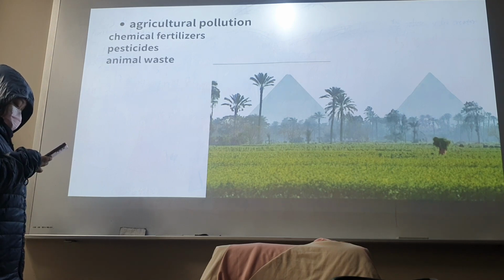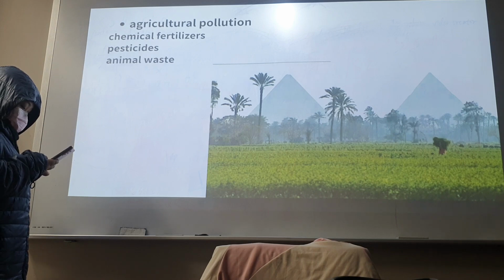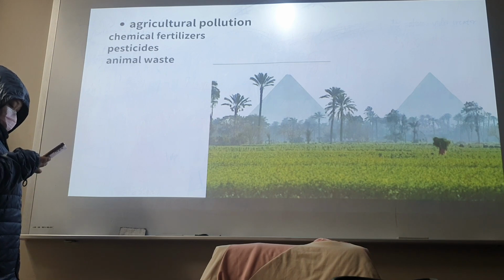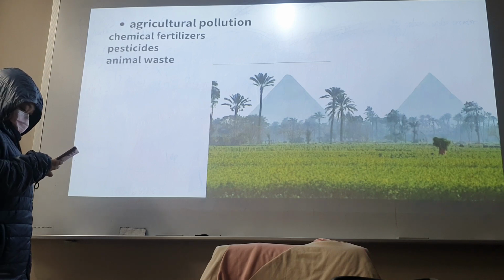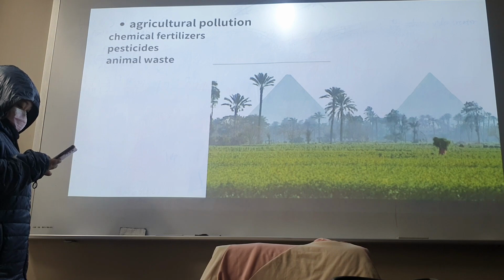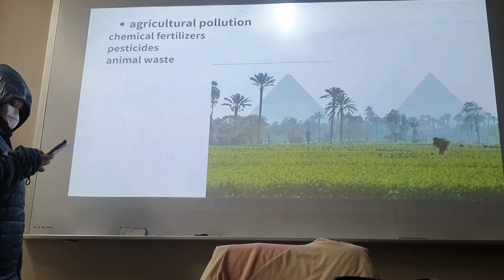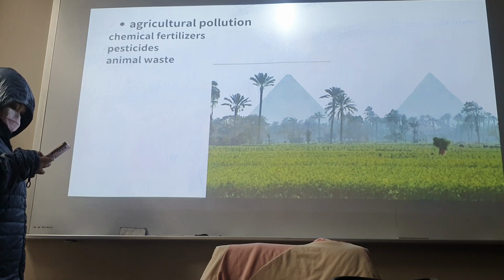These substances flow into the Nile River along with water and rainfall, leading to an increase in phosphorus, organic matter, and pathogens in water, promoting the growth of large algae, reducing the amount of dissolved oxygen in the water, and affecting the survival of aquatic organisms.